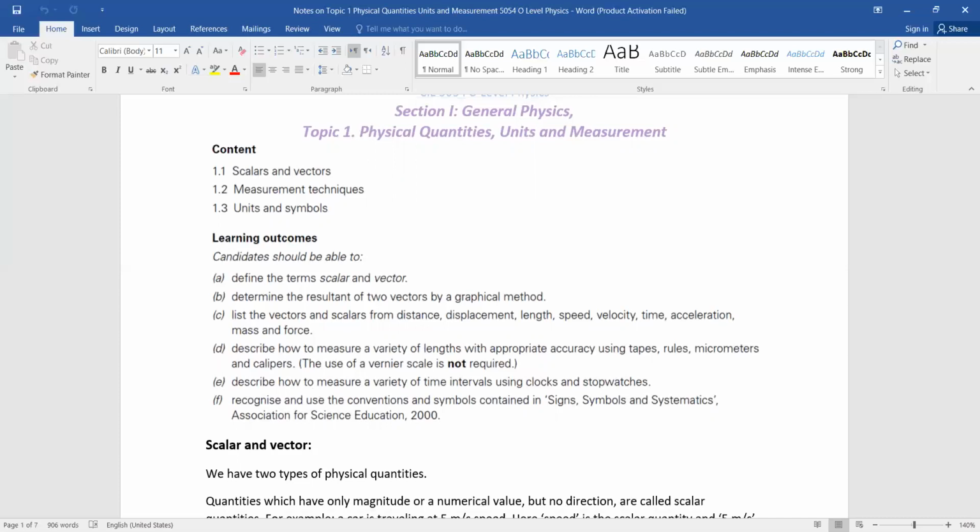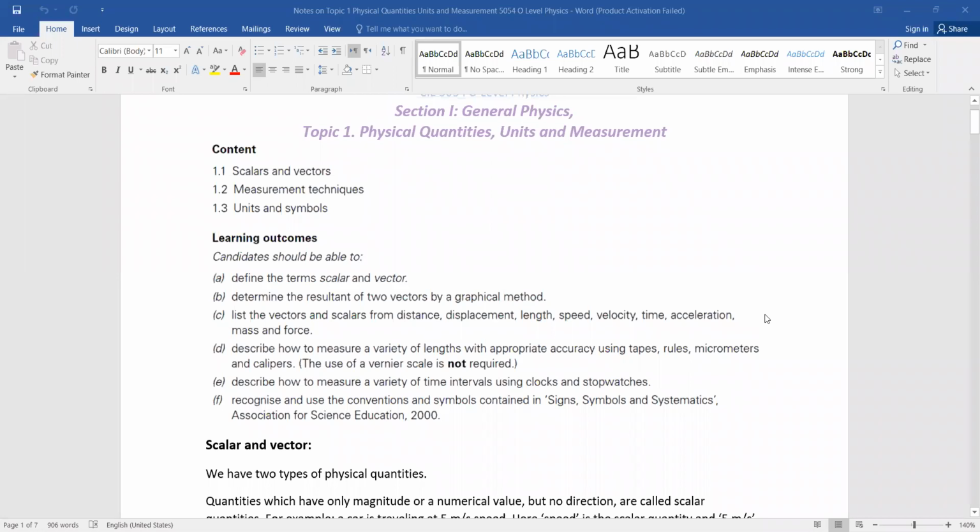Sir, I'm seeing section 1, general physics, topic 1, physical quantities, the learning outcomes, context, and scalar and vector. Okay, good. Now you can see.